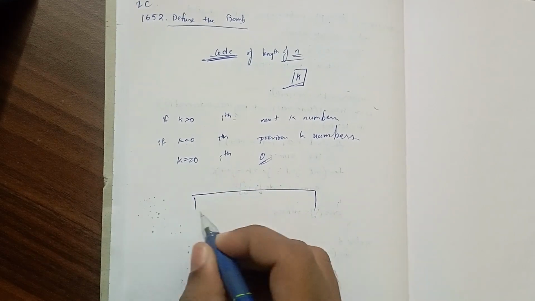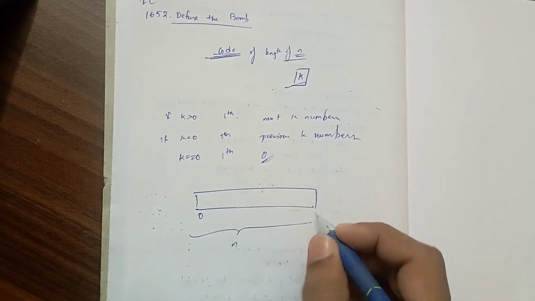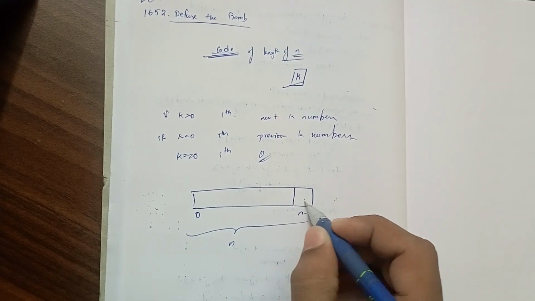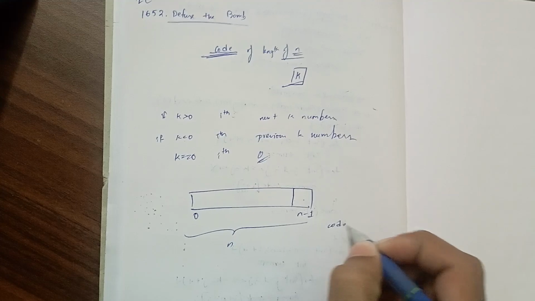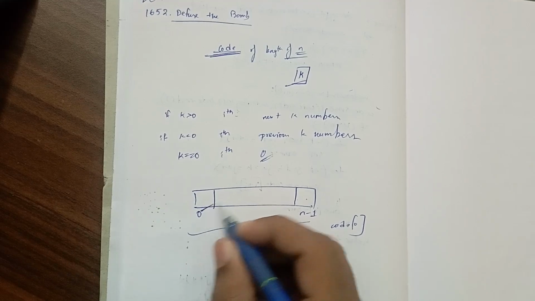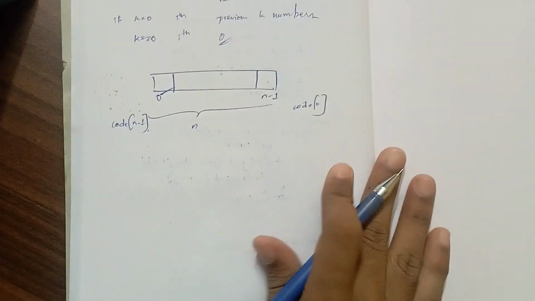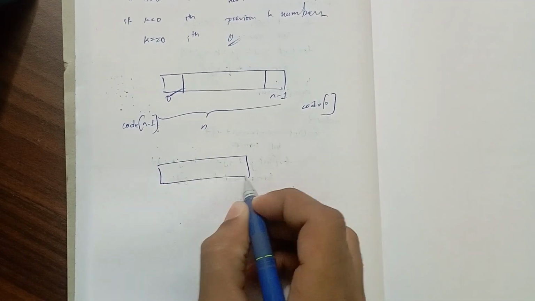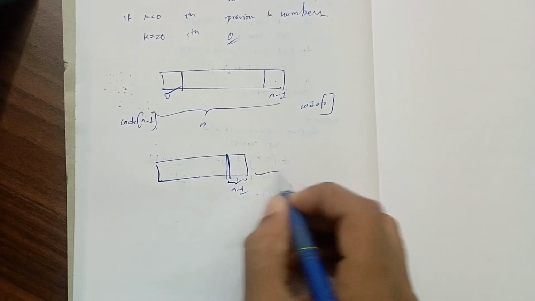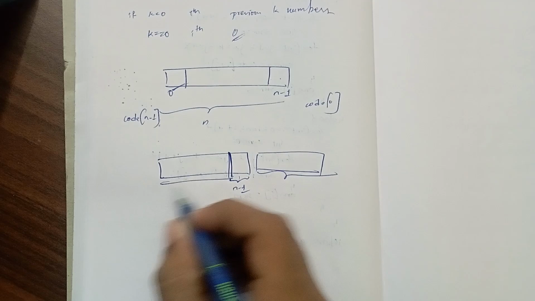That means if the first index is 0 and the size of this array is n, and the last is n-1, the next element to this element is code of 0. The previous element of code of 0 is code of n-1. If you see clearly, if you want the next k elements for the element at n-1, we need another array which is the same as this array.